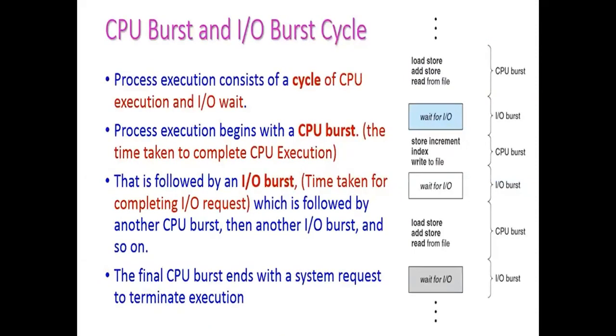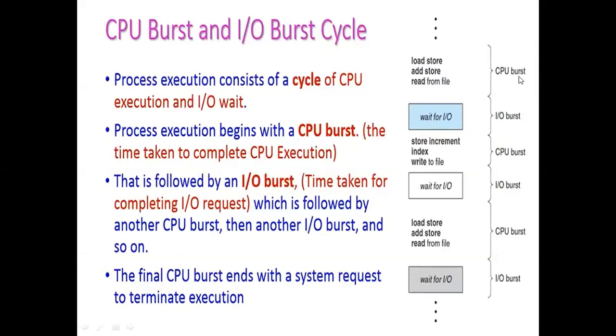Here you can see the CPU burst cycle and I/O burst cycle in this picture. Process execution combines a cycle of CPU execution and I/O wait. Process execution begins with a CPU burst. CPU burst means the time taken to complete the CPU execution.